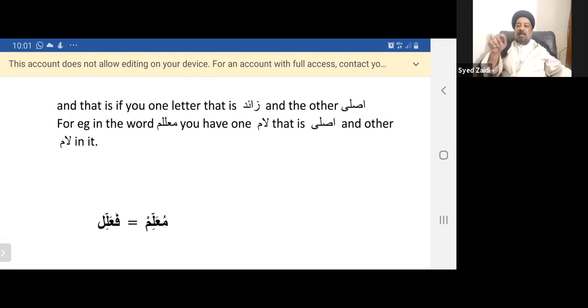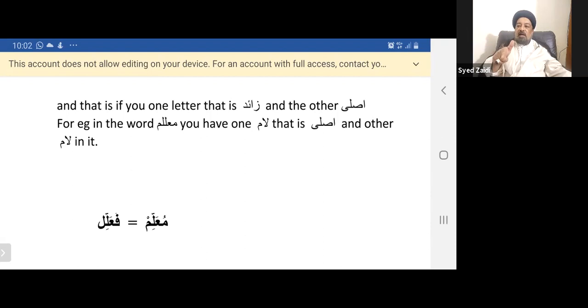For example, in this word, muallim. Over here you find two lams, right? You know the root letters of muallim is ilm, as you know from the beginning, you have been learning it. So in muallim, one of the lams is repeated. So one of them is asli because of ilm, right?